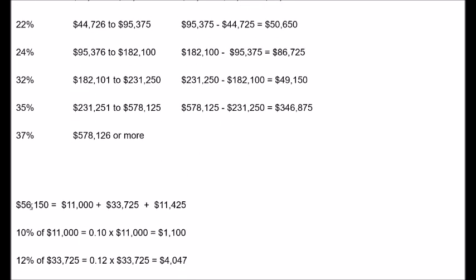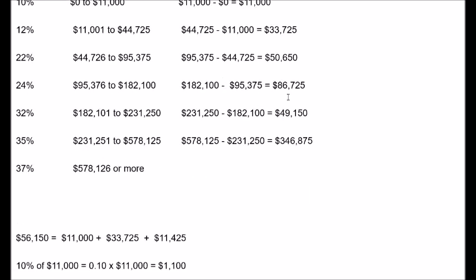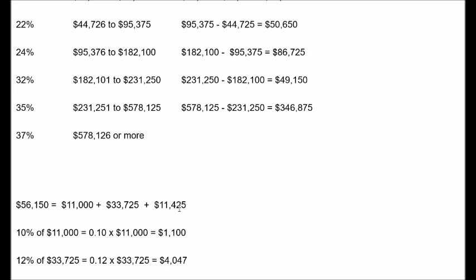And so first, we'll subdivide the $56,150 into $11,000, 33,725, and 11,425. The $11,000 comes from here. The 33,725 comes from here. And then the rest of it is 11,425.